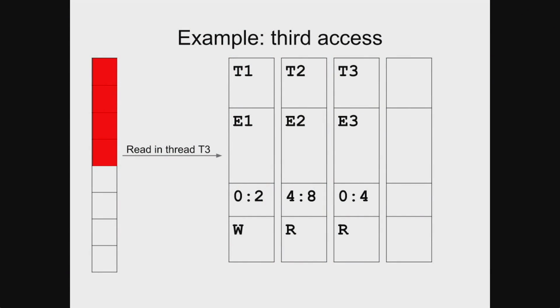Then a third read access comes. It is a read from the first 4 bytes. And now we have intersection between the memory ranges, between the first access and the third access. At least one of the accesses was a write. And now we need to figure out whether a data race is possible.